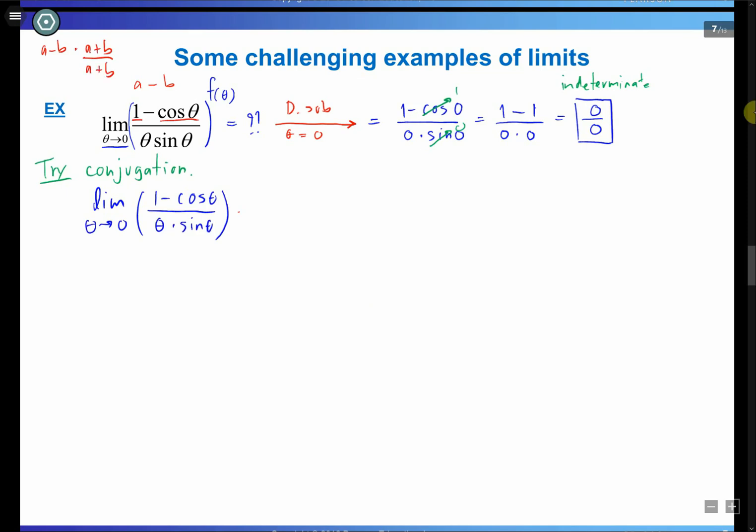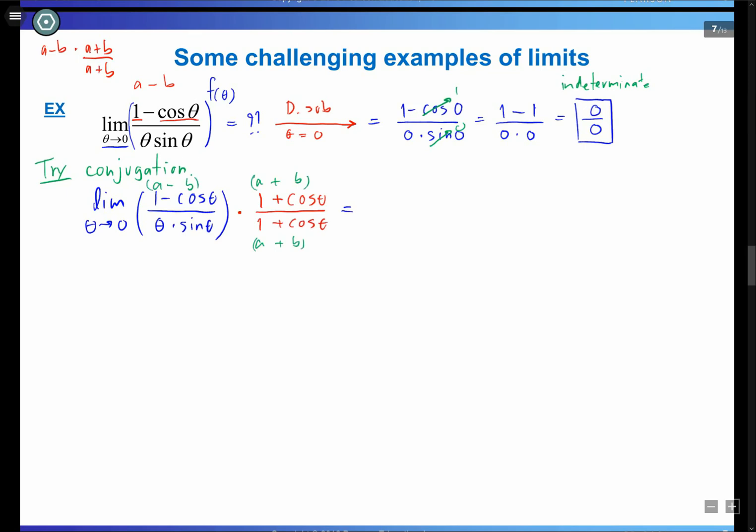So I want to multiply by a, which is 1, plus b, cosine theta, divided by a plus b, 1 plus cosine theta. And let's see what's going to happen. Here we have a minus b times a plus b, divided by a plus b.